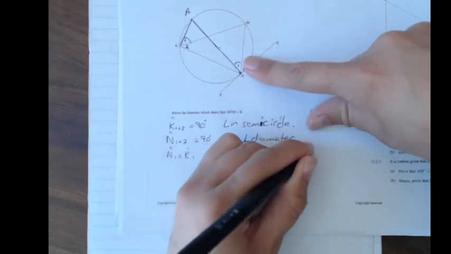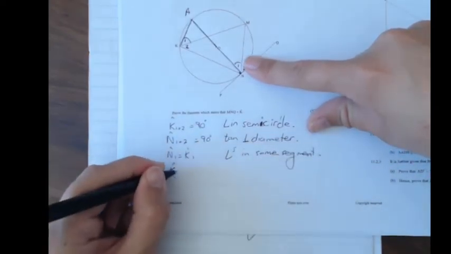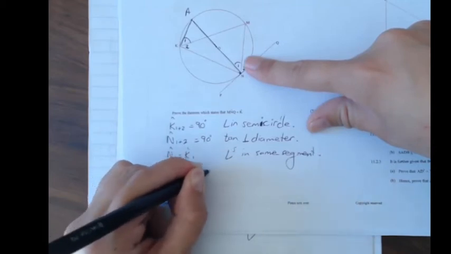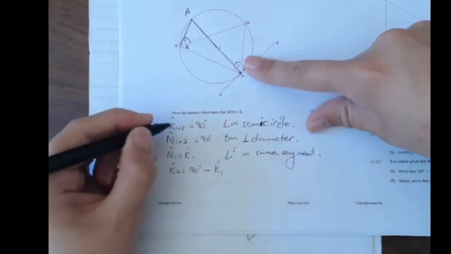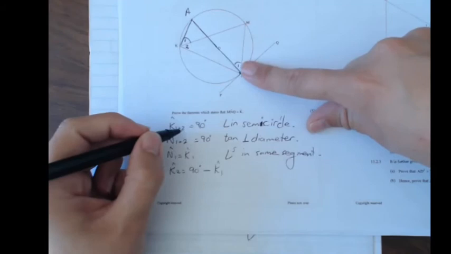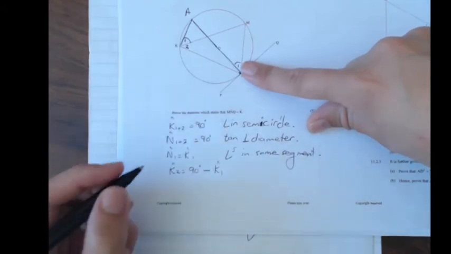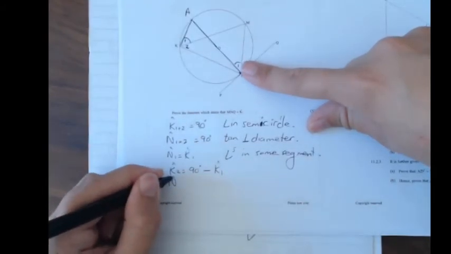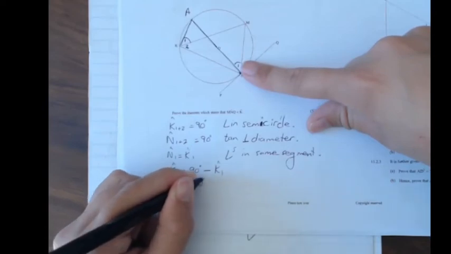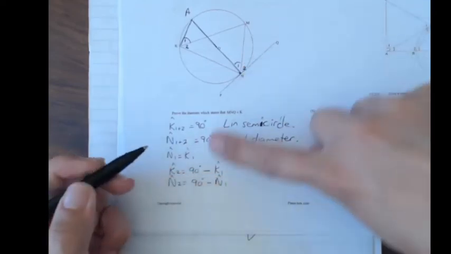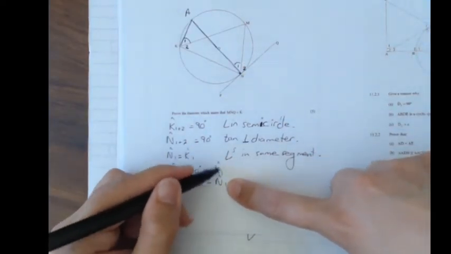Now I have here currently K2, which is equal to 90 minus K1. If I just take the K1 over, K2 is 90 minus K1. And in the same way, N2 is 90 minus N1, but the K1 and the N1 is the same thing.